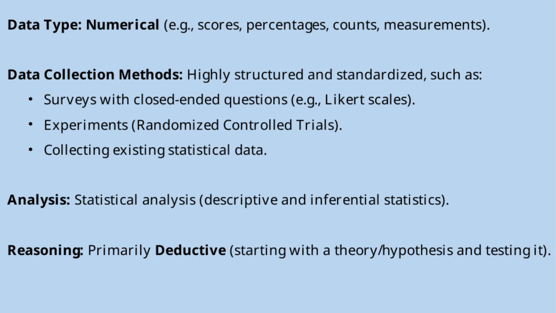We're essentially confirming or refuting our initial assumptions based on the evidence we gather. So, to tie it all together, numerical data provides precise, measurable information. Using structured collection methods and statistical analysis, along with deductive reasoning, allows us to draw meaningful conclusions that support or challenge our initial ideas.